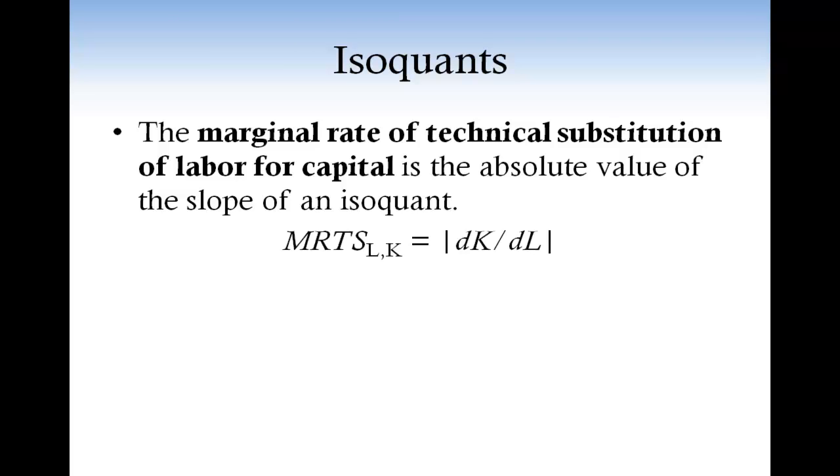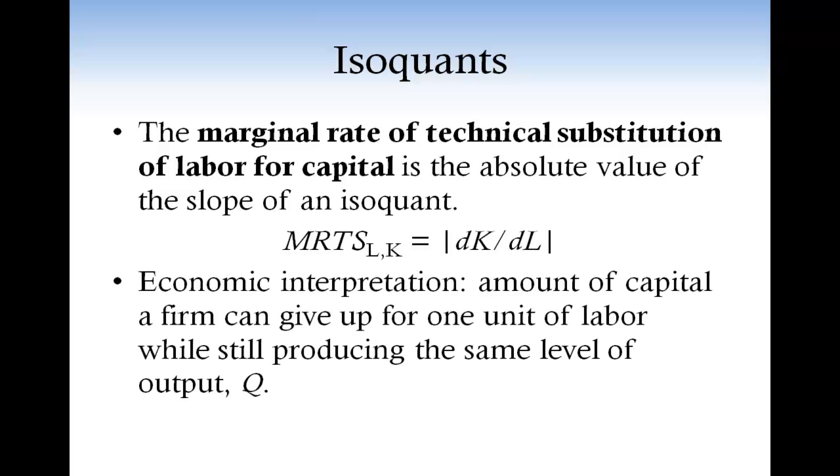One economic interpretation of the marginal rate of technical substitution is the following. The marginal rate of technical substitution is the amount of capital a firm can give up for 1 unit of labor while still producing the same level of output Q. Now let's go back to the assumption of convex isoquants.